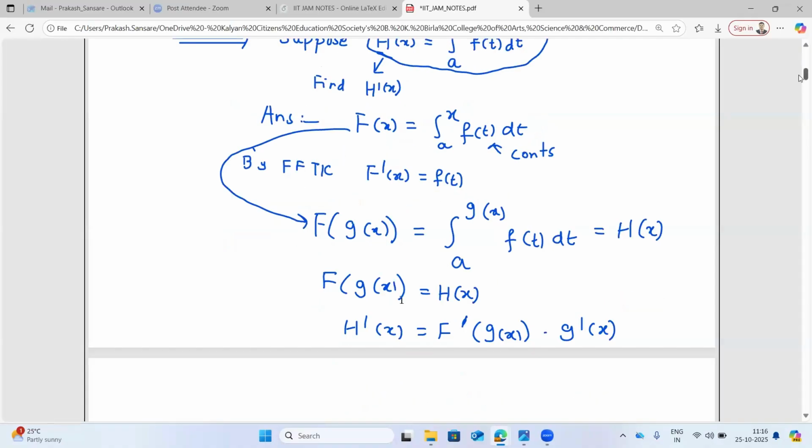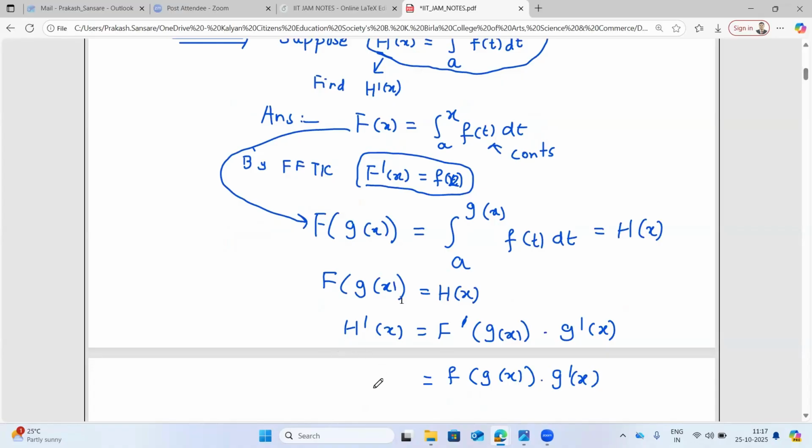And what is my F'(x)? I already know my F'(x). I should say here f(x), it was a mistake. So F' is my f. So it is basically f(g(x)) into g'(x).